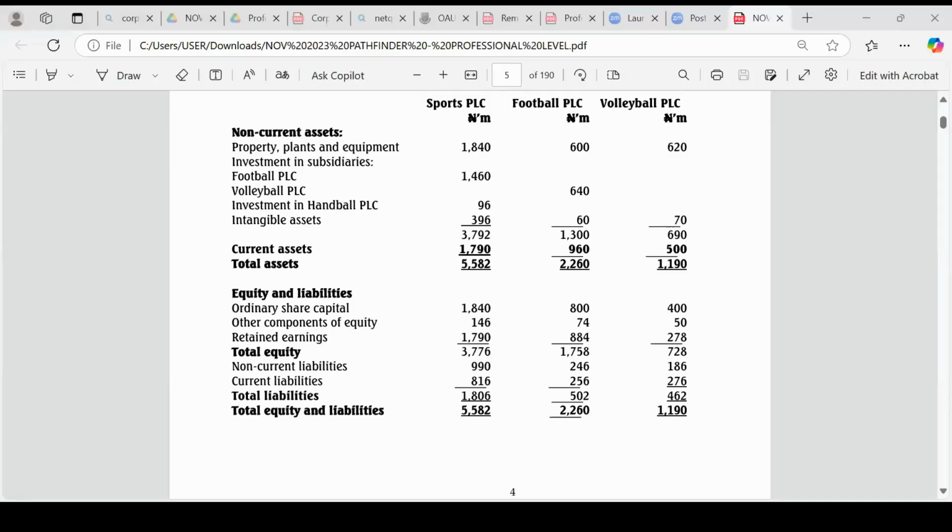So my very high level of inquisition will already say, notice that I didn't see handball in the introductory paragraph. Okay. Who has made this investment in handball? It looks like it's Sport PLC. I'm seeing 96 here. Okay. I'll be asking myself, what does 96 represent there?